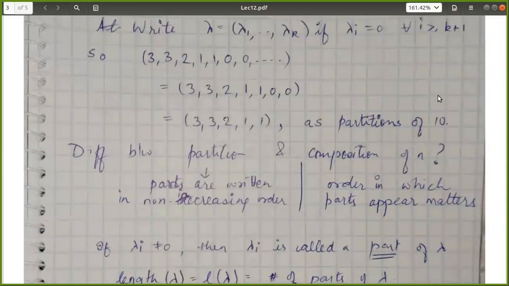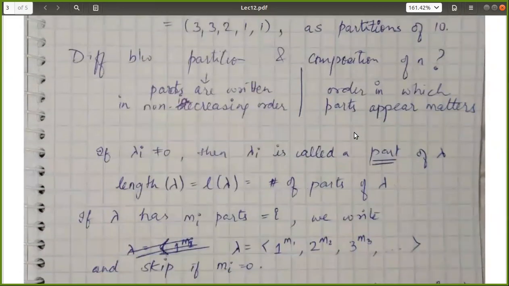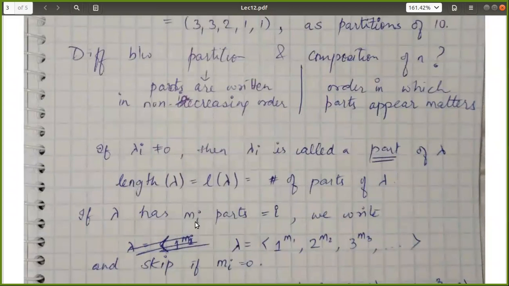Now remember, all this we are able to do in the sense that this 3 is repeated here, this 1 is repeated here. So these are coming from a multiset. The entries of lambda, or rather lambda, is a permutation of a multiset. So if lambda has m_i parts which are equal to i, then you write 1 raised to m1, 2 raised to m2, 3 raised to m3, and so on.